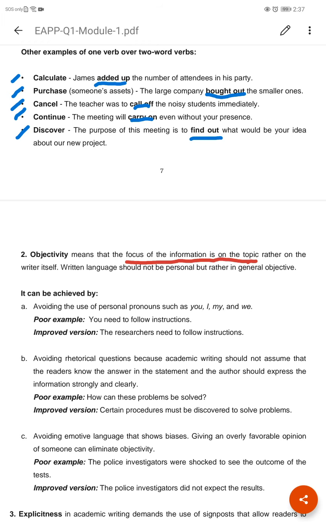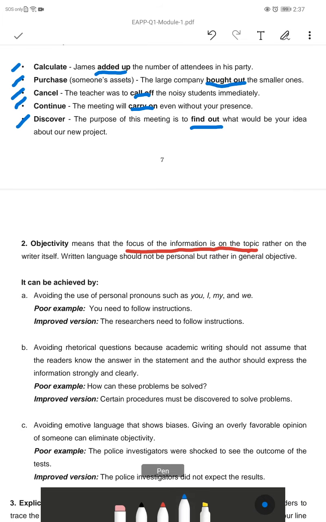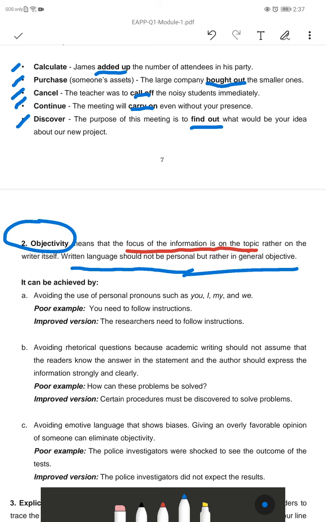So, when writing an academic text, you should avoid that. You should always seek objectivity, meaning you focus on the information about the topic. And again, written language should not be personal, but rather general and objective.